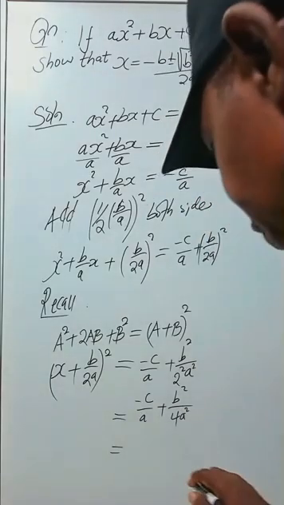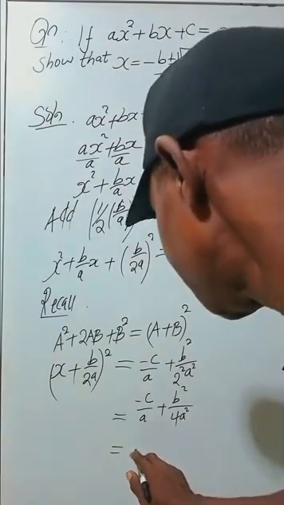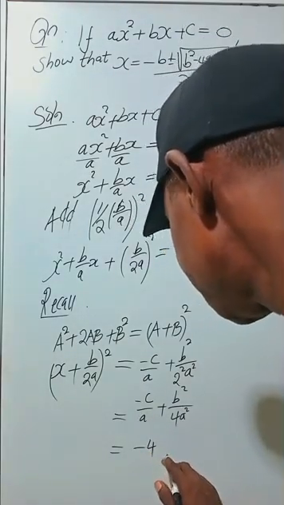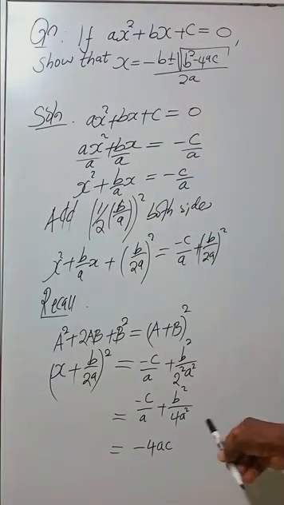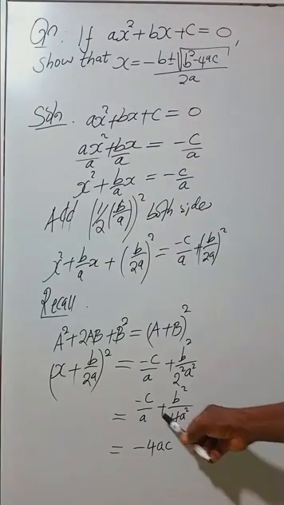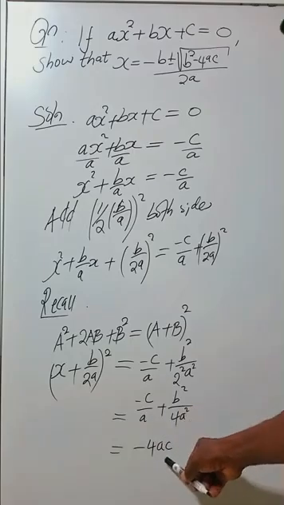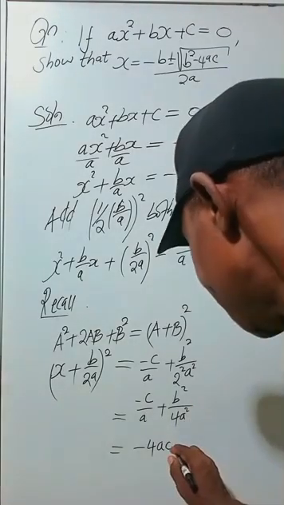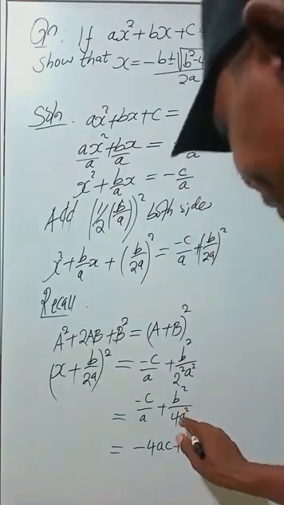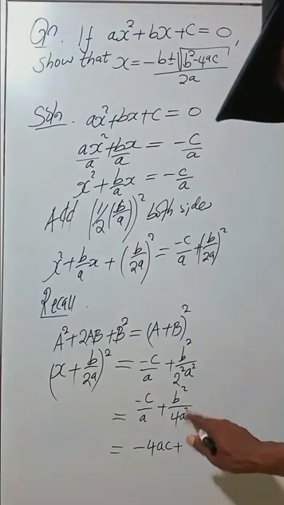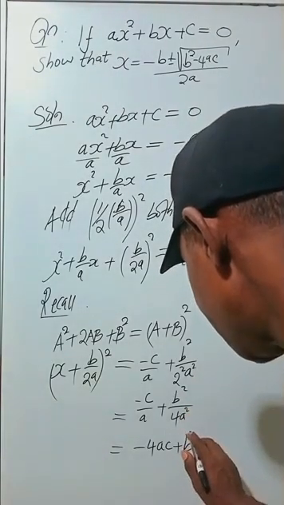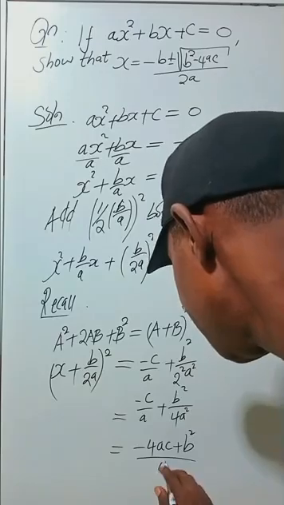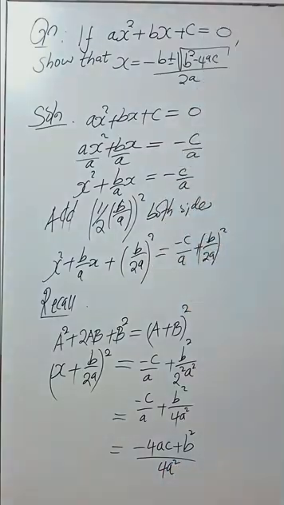So this is what we shall have when you add the two. You have negative 4ac. Why negative 4ac? Because we take 4a squared times c, we divide by a, this is what we get. Then plus, since our LCM is the denominator of our numerator b, then we shall have b squared divided by 4a squared.